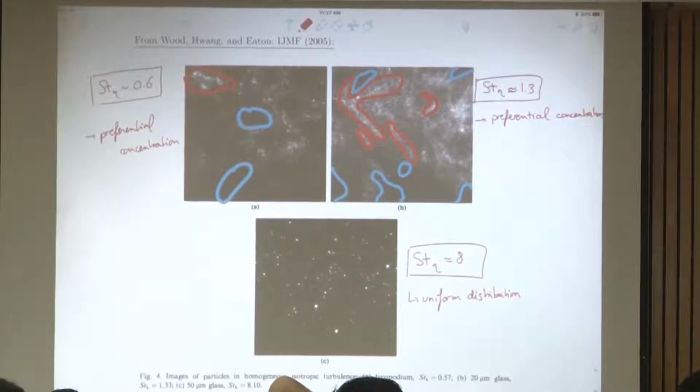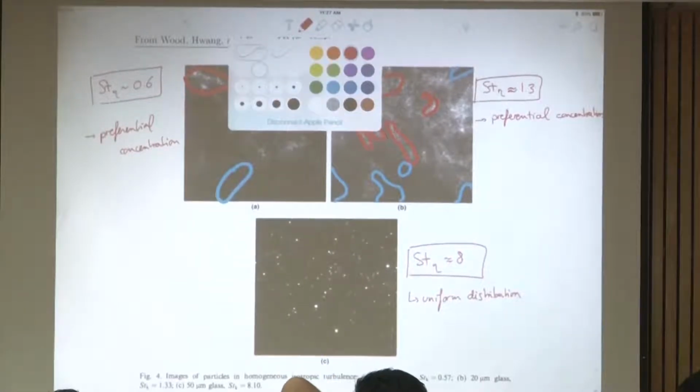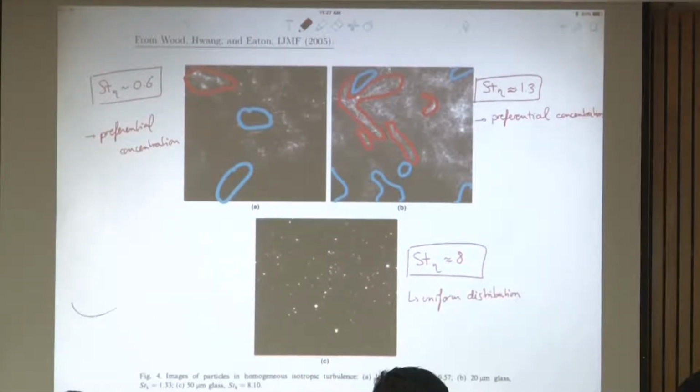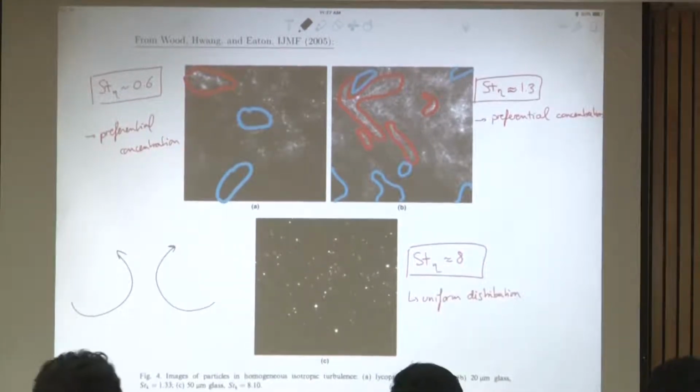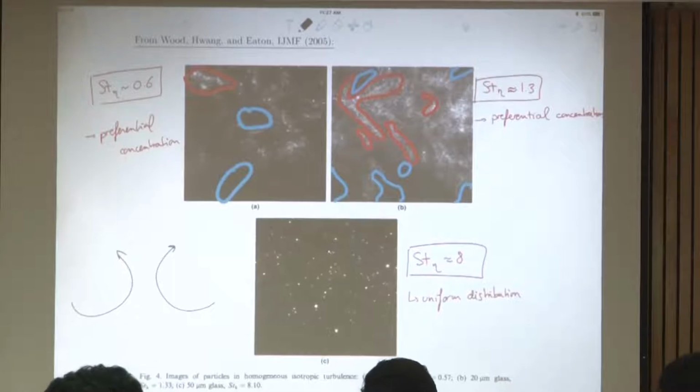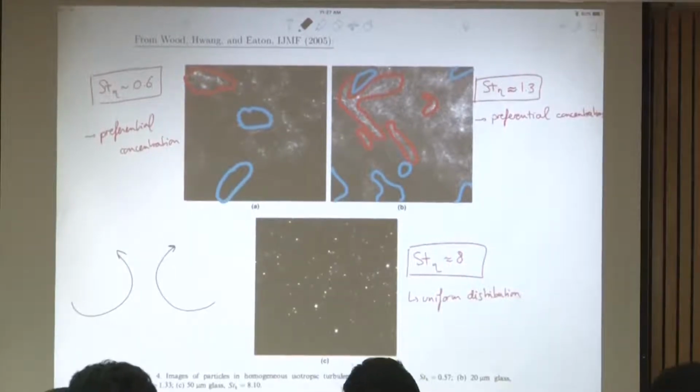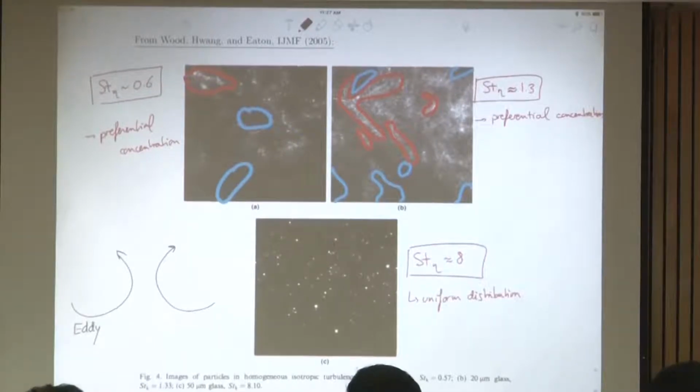So imagine a situation like this. We have here one eddy on the left, one eddy on the right. This is a turbulent eddy. This is eddy 1. This is eddy 2. Two counter-rotating vortical structures.